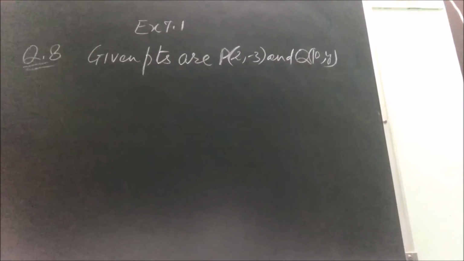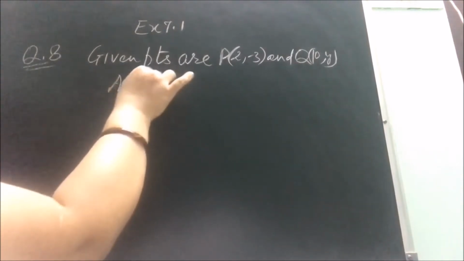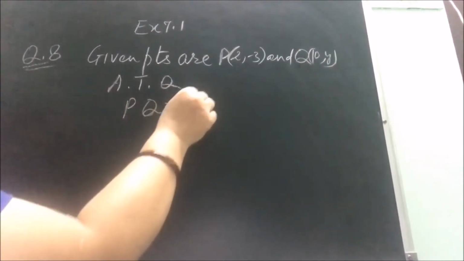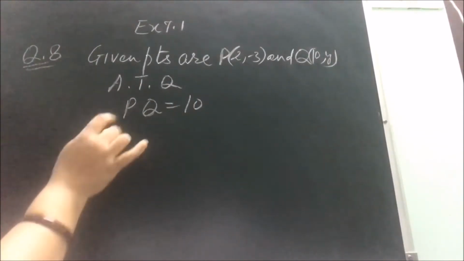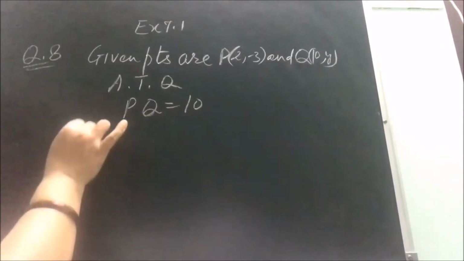Given points are P and Q and the distance between them is given to us. According to the question, the distance between the given points is 10 units, right? So we have to find out the distance between P and Q. Here we apply the distance formula.